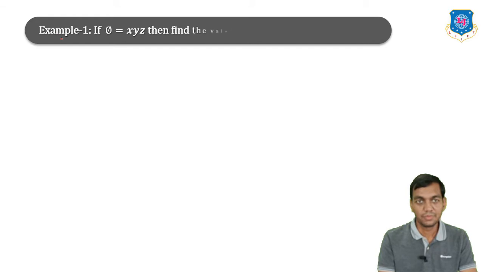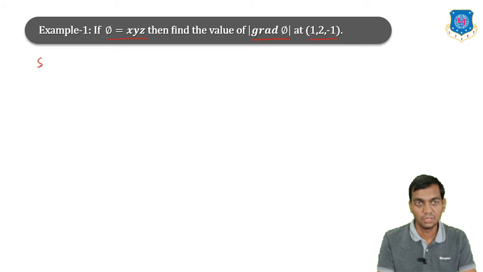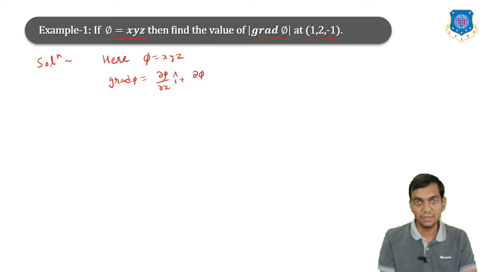Now, going on to the example, if phi is equal to xyz, then find the value of mod grad phi at a point 1, 2, minus 1. So if we are starting with a solution, then here we have phi is equal to xyz. So if we are finding the grad phi, then it is nothing but del phi by del x into i plus del phi by del y into j plus del phi by del z into k, correct?